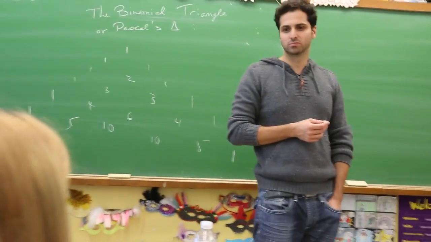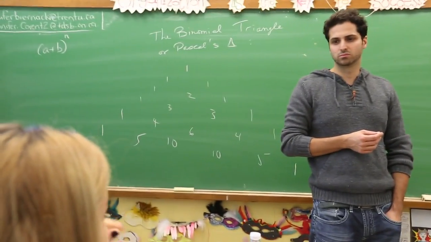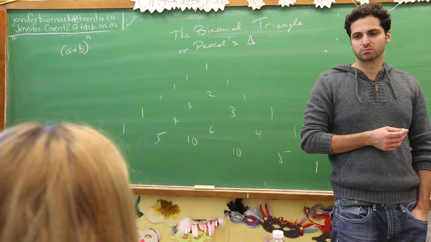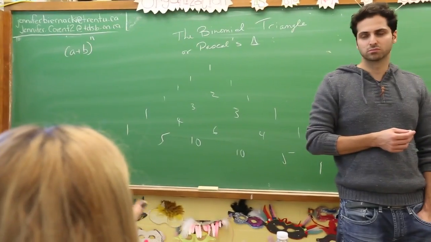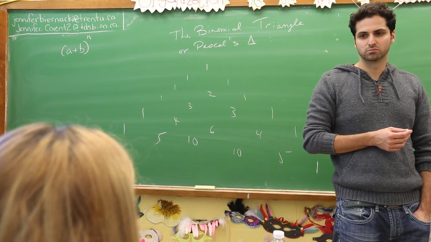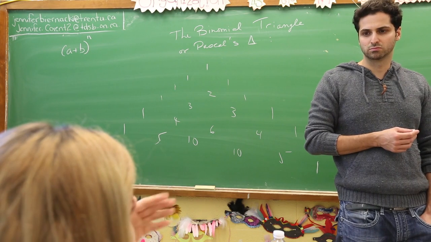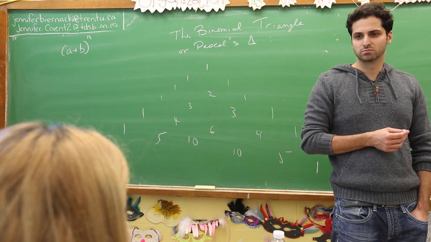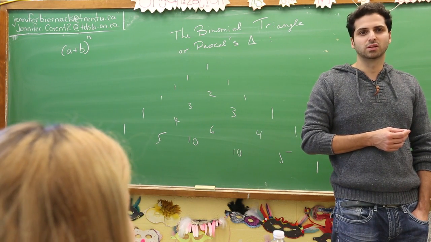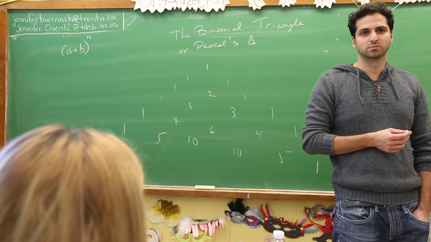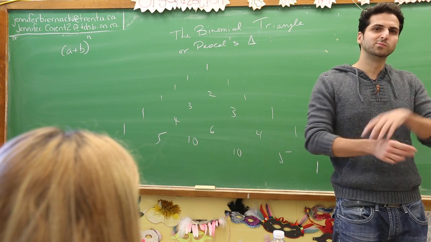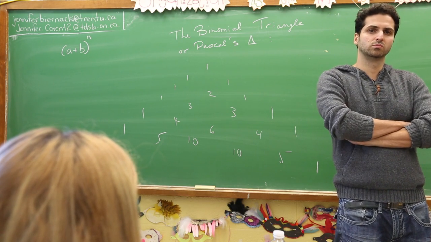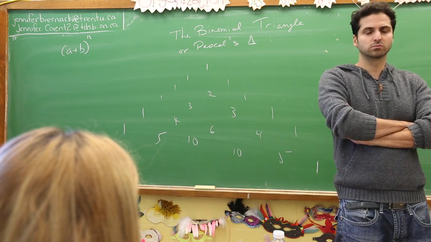When we did (a plus b) to the power 2, I don't know what grade we did it in, we saw that it was a squared plus 2ab plus b squared. And then here it's the same thing, it's like a combination. I don't know how to express it. In the combinations formed by actual multiplication, you have like terms, and you have to add those like terms, and it's sort of mirrored by adding those in the rows above.